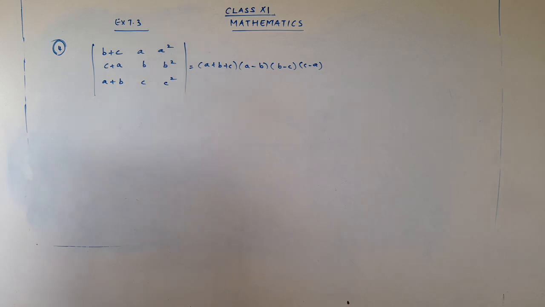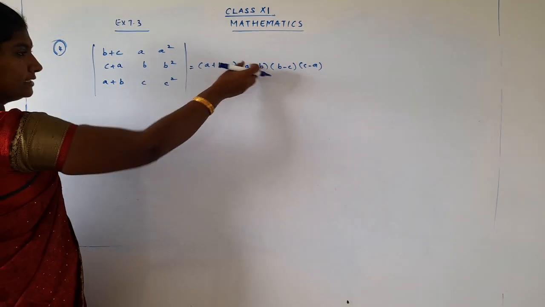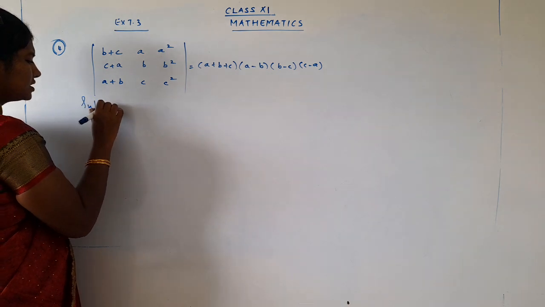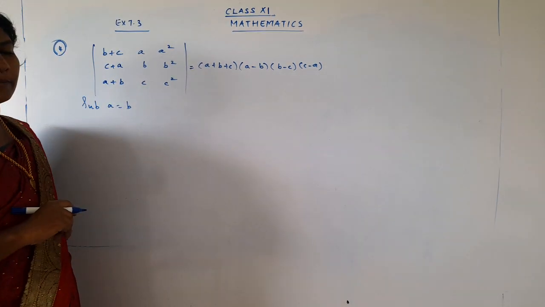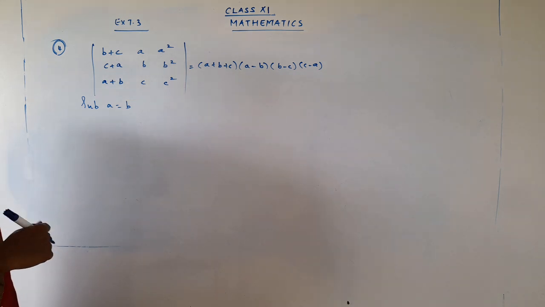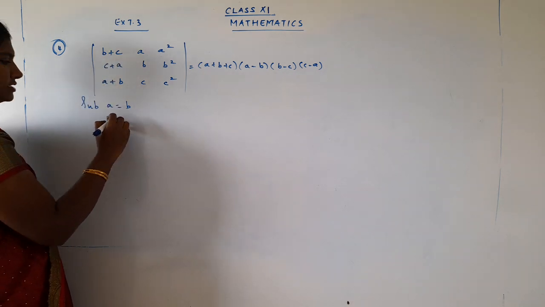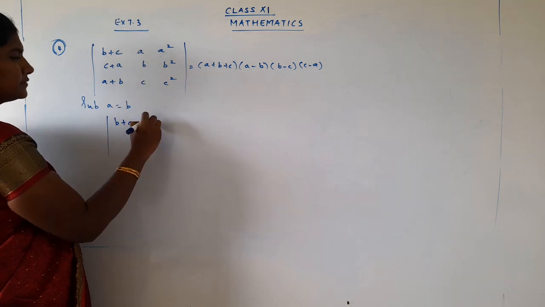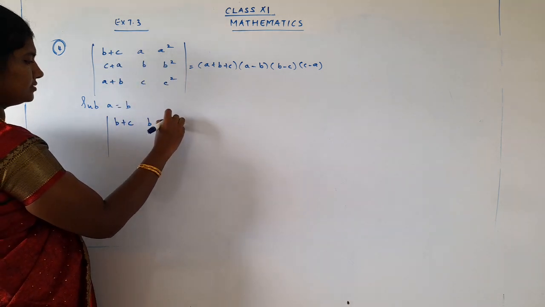Let's start the sum. So now what I am going to do here is, we have a minus b in the RHS part. So I will take this and substitute a is equal to b. If I put a is equal to b, what do I get? Here no changes. Here I get b plus c, this is b, this is b square.